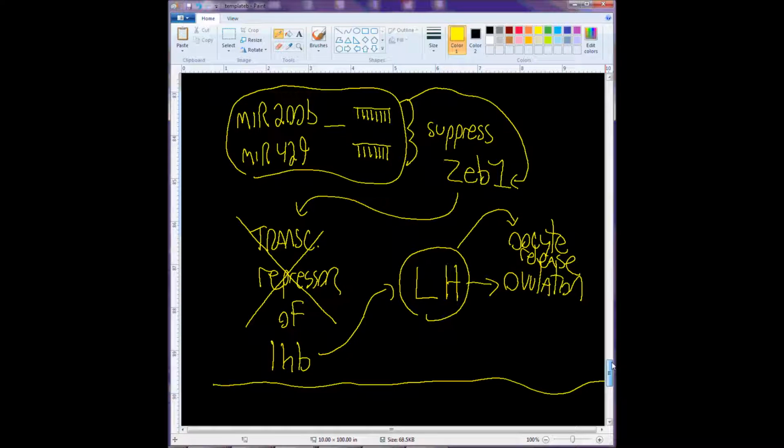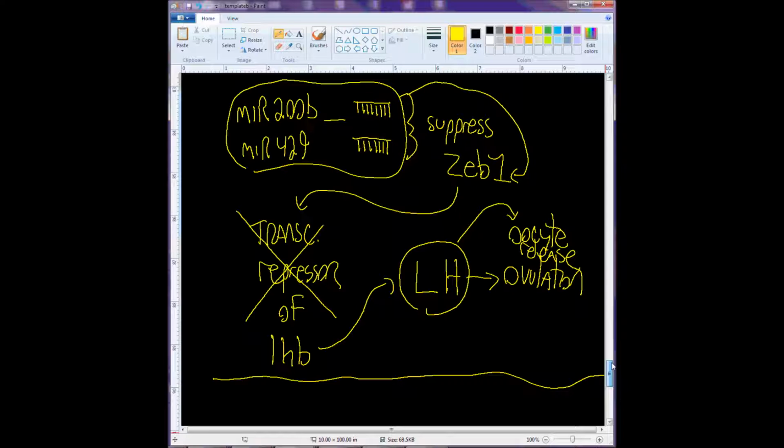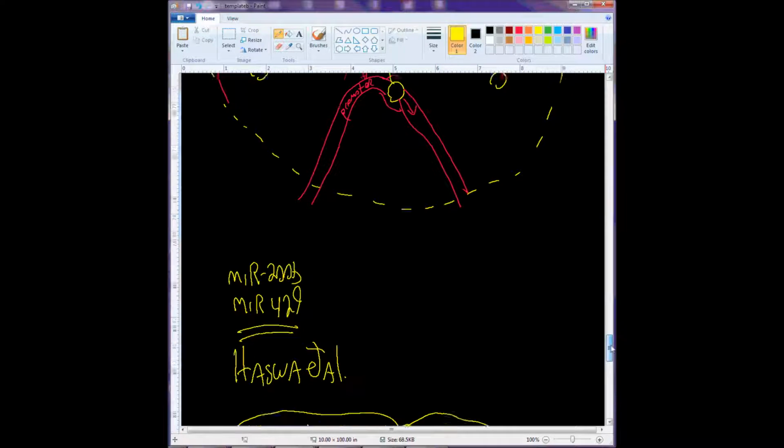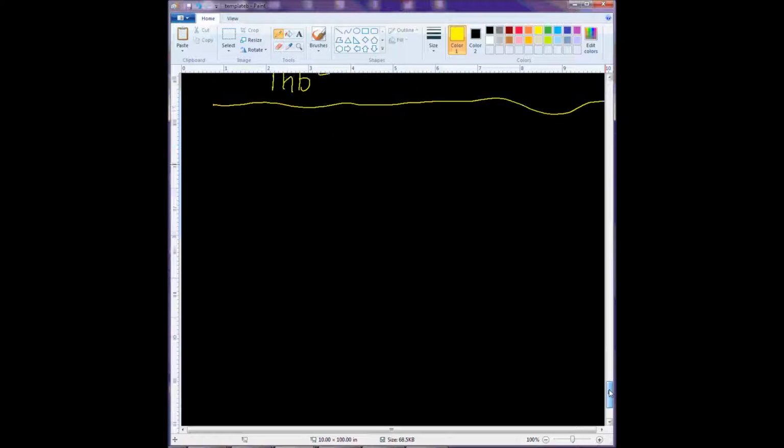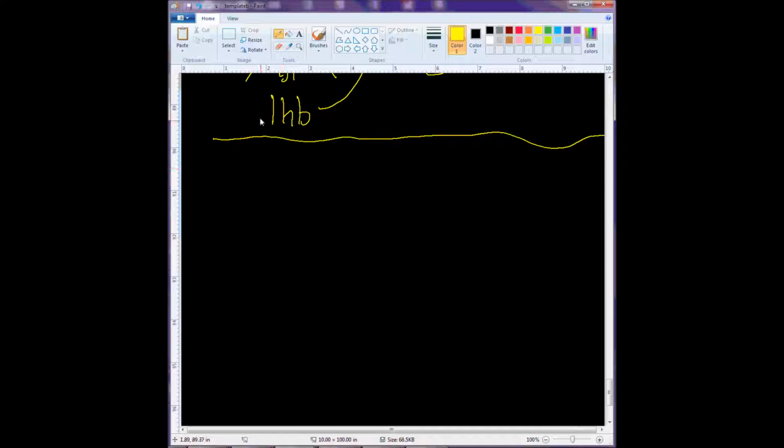But what happens in the double knockout mice, right? So in the miR200B, miR429 knockout mice, these mice don't make those microRNAs.